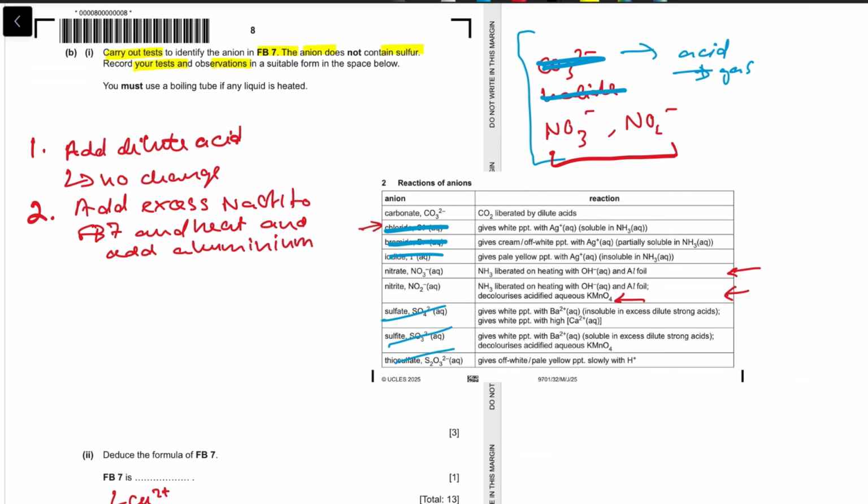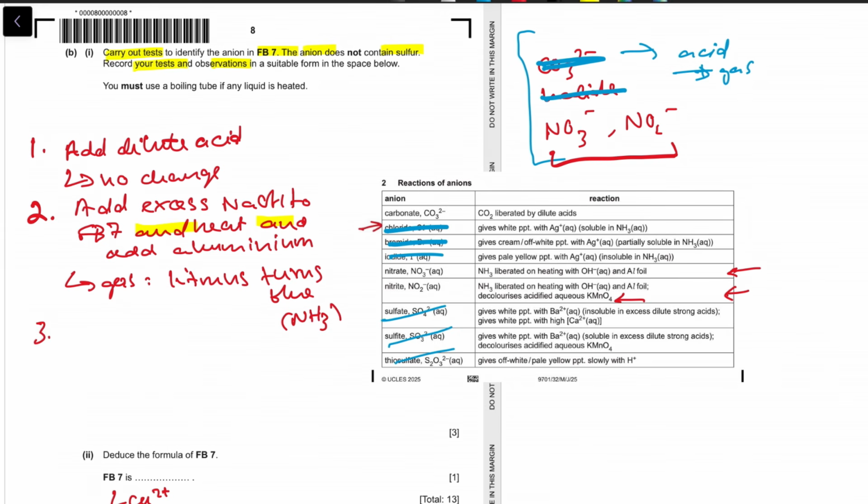Otherwise, we won't get the marks for this step. Okay, and then we get a gas, of course. This gas we should test. So with litmus paper, it's going to turn blue. Oh wait, sorry. Turns blue. Because this is what we expect, because obviously ammonia is present. So it's going to be the same for both.